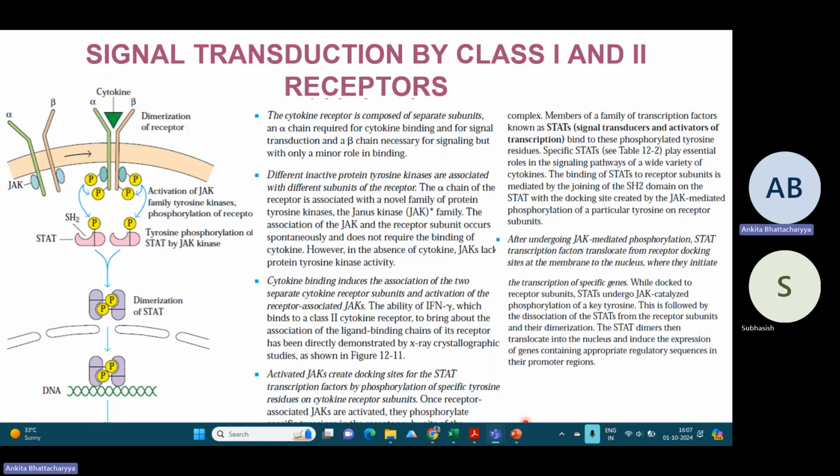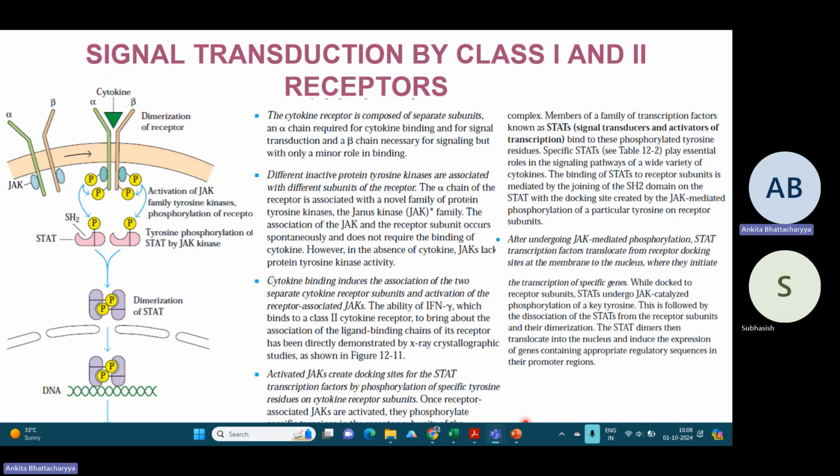There's an alpha chain required for cytokine binding and for signal transduction as well. And there's a beta chain, which is necessary for signaling, but with only a minor role in binding activities. Now, different inactive protein tyrosine kinases are associated with different subsets or subunits of the receptor. The alpha chain is associated with a novel family of protein tyrosine kinases, the JAK kinases or JAK family.